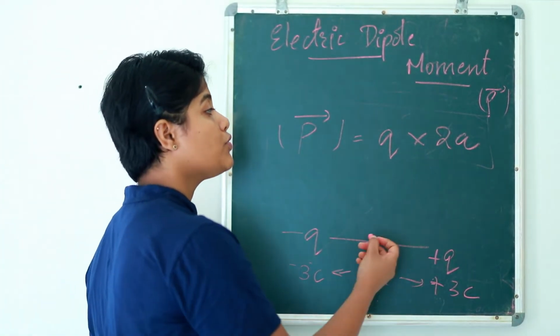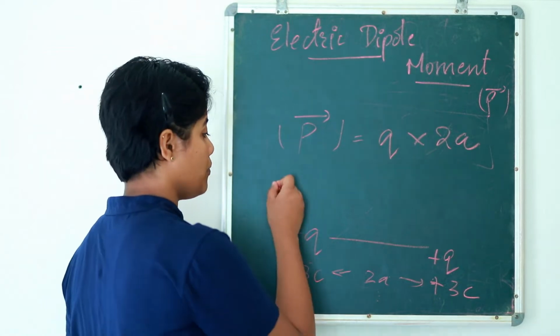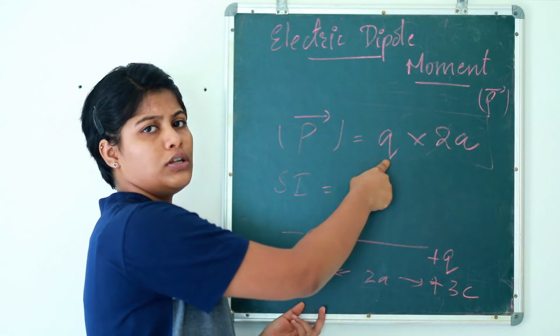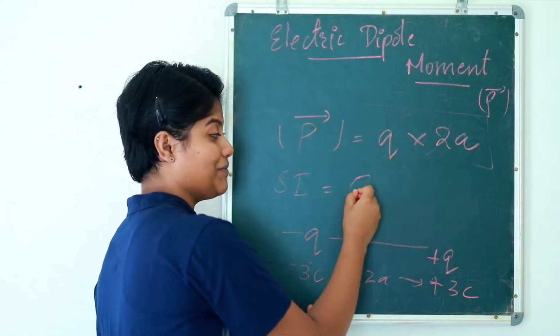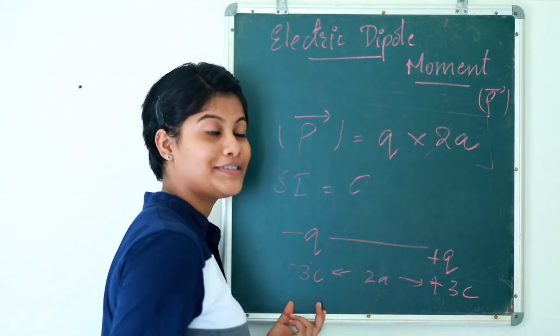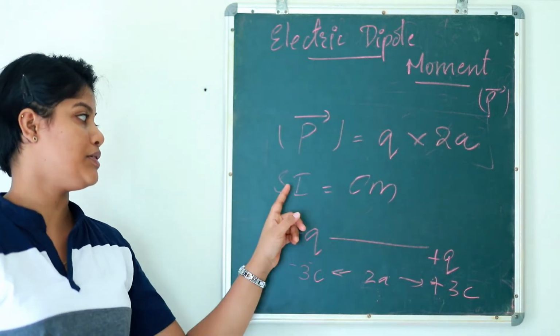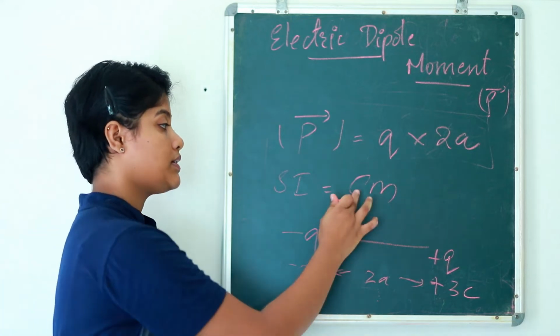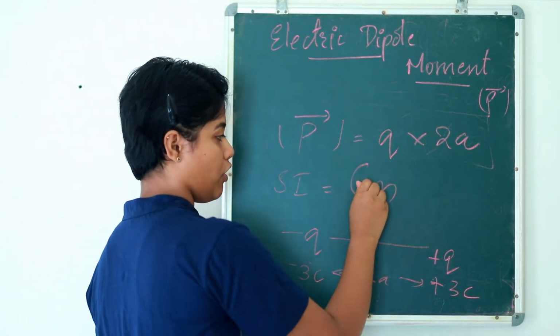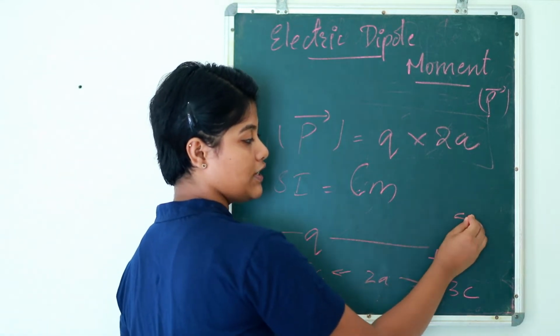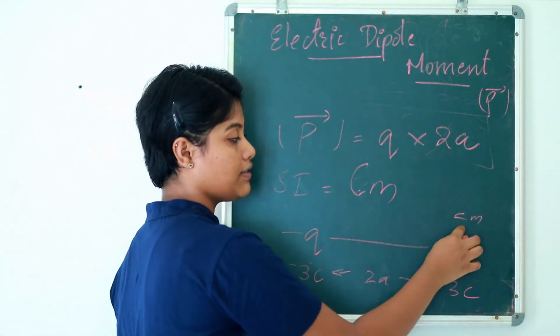And now let's move into the SI unit of the dipole moment. What is the unit of charge? It's coulomb. And what is the unit of distance? It is meter. So the SI unit of dipole moment is coulomb meter. The C should be written in capital form. Coulombs are always represented with a capital C. Don't write it as a small c, because if it's written like that, it means centimeter.